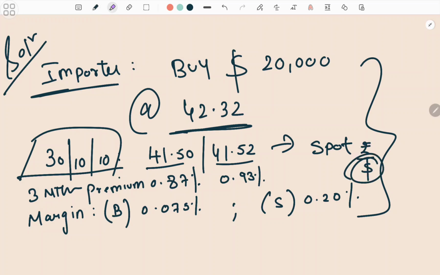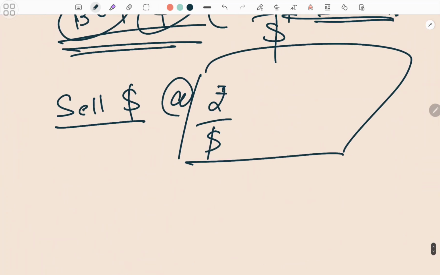A customer is always at a loss. Customer will always sell at low, buy at high. Sell at low. So I have the rate with me, 41.5. On 30th of October, the due date, the rate at which I'll sell the dollars is 41.5 rupee by dollar, correct?